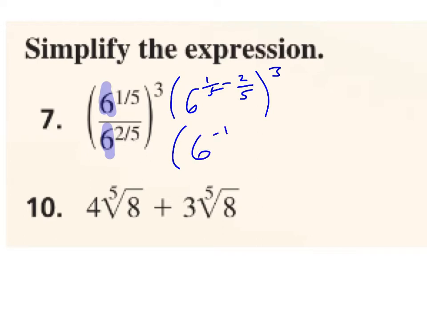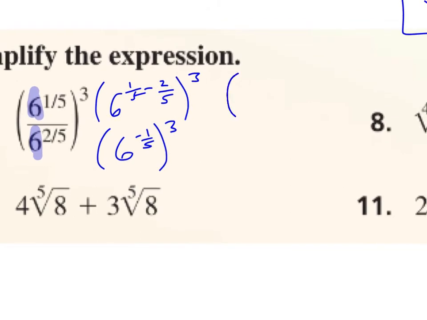Negative 1/5. What should we do next? We can do that. So we have 1 over 6 to the 1/5. We make it positive since we flipped it. And then that's cubed.